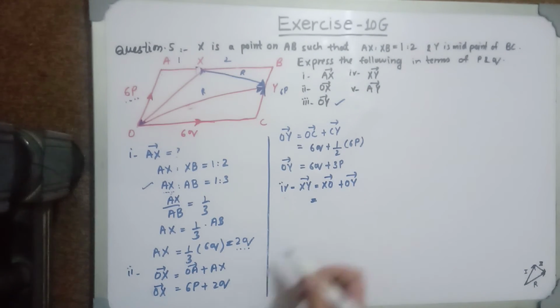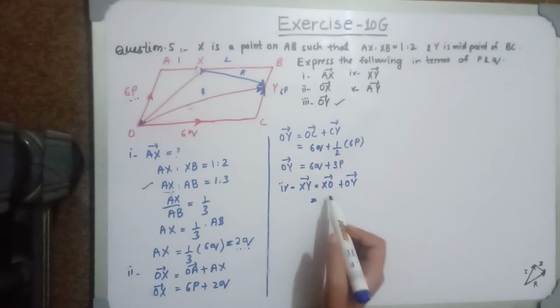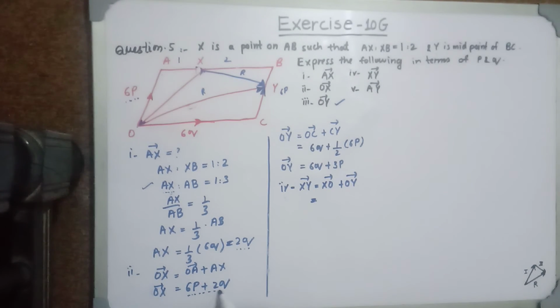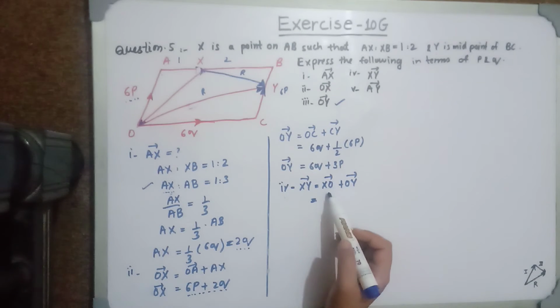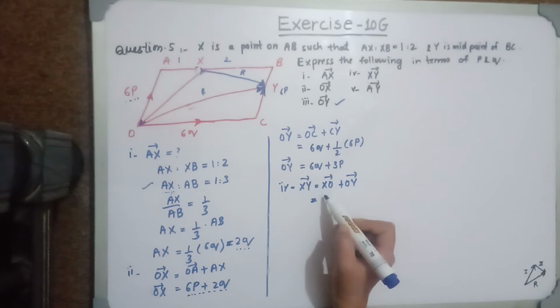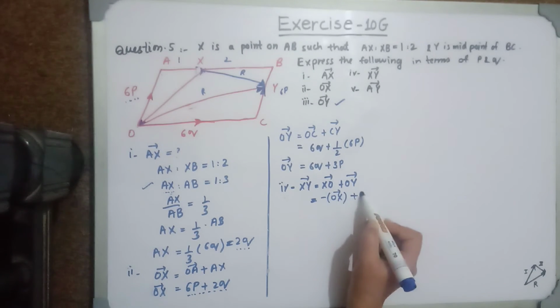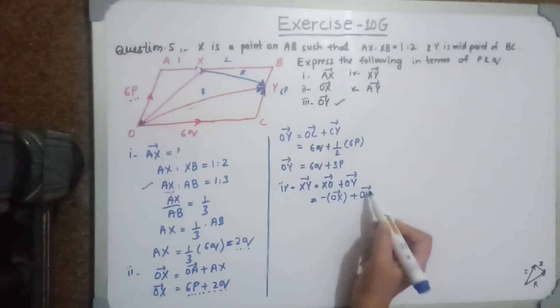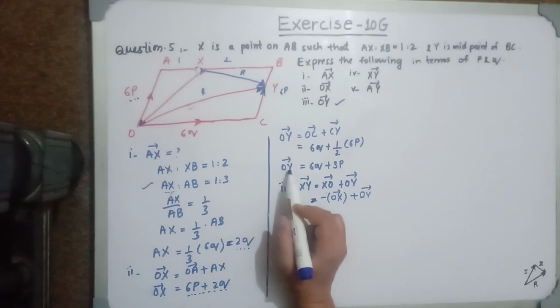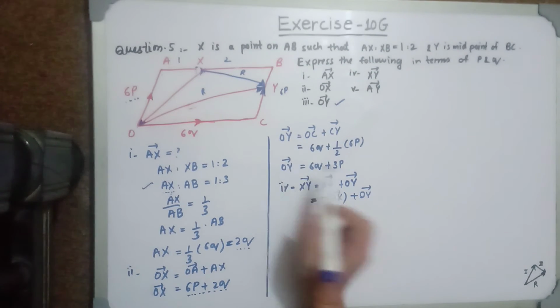We found OX earlier, not XO. So XO will be the negative of this vector, because it's opposite of OX. So I'm going to write that XO is negative of OX plus OY. OY will remain the same because we found OY already. It's not YO.